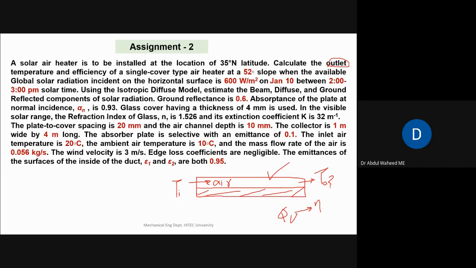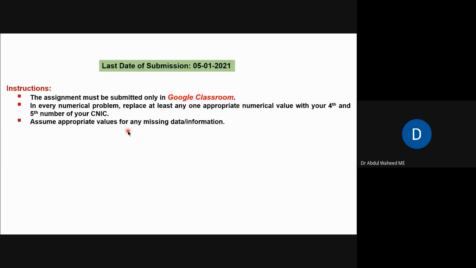So वो अब आपने खुद से choose करना है appropriately कौन सा number है इस पूरे given data में, which you can replace with your CNIC 5th and 6th digit, means 2 digit, जिसको आपने यहाँ कहीं ना कहीं utilize करना है इस पूरे problem में. हो सकता है इस problem में कुछ data missing हो, वो आप खुद से assume करेंगे.